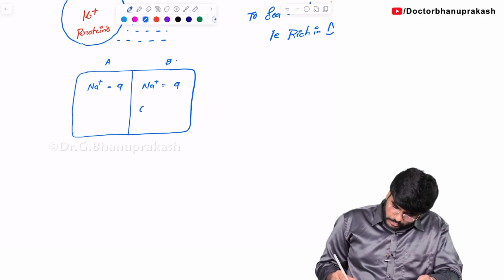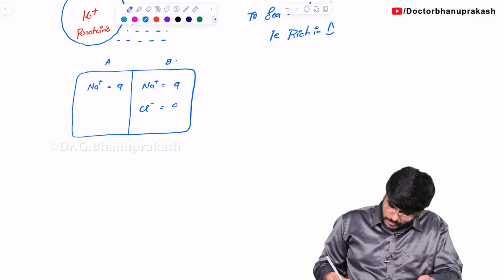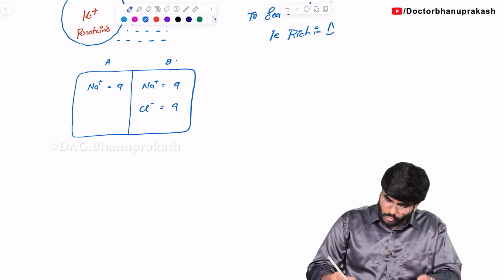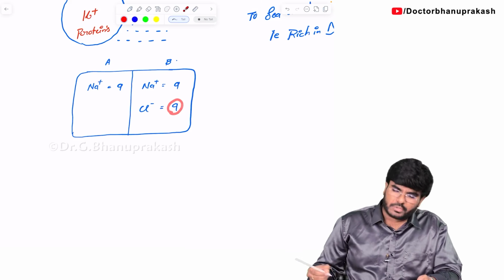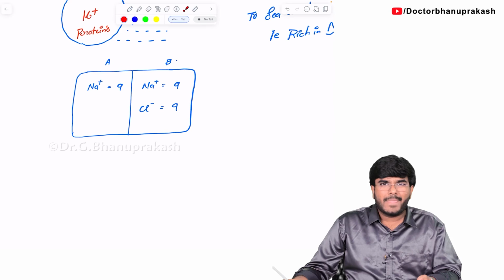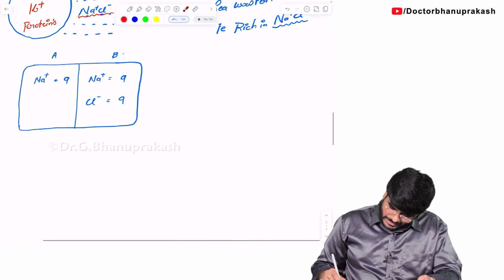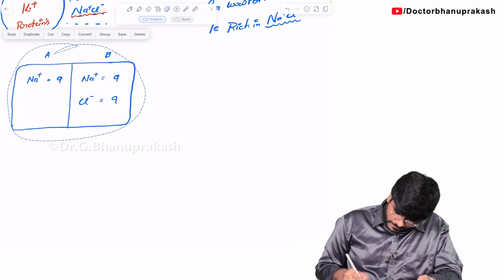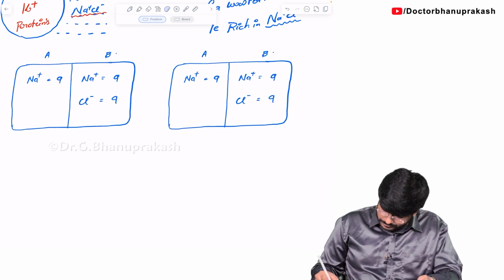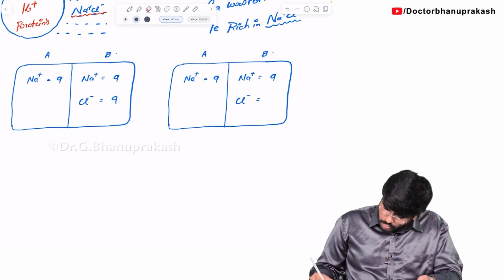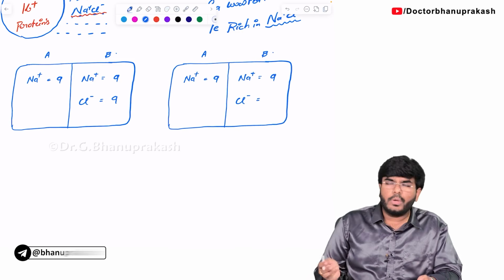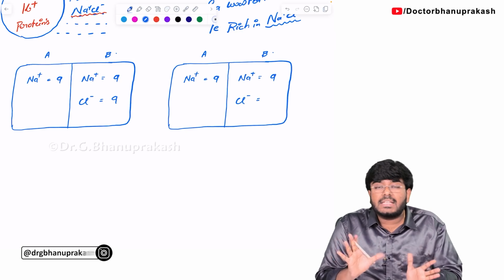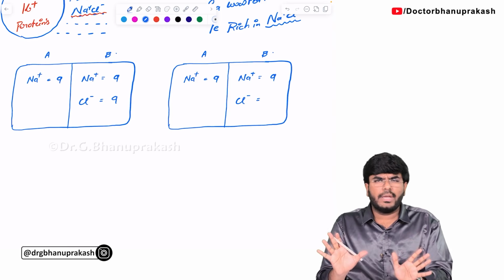Now I am going to keep chloride here. How many molecules of chloride? 9 molecules of chloride I am keeping here. Okay, only in compartment number B I am keeping the 9 molecules of chloride. So you tell me now what this chloride wants to do. Look now. So let me duplicate this. Now chloride is going to diffuse and organize itself into an equilibrium.